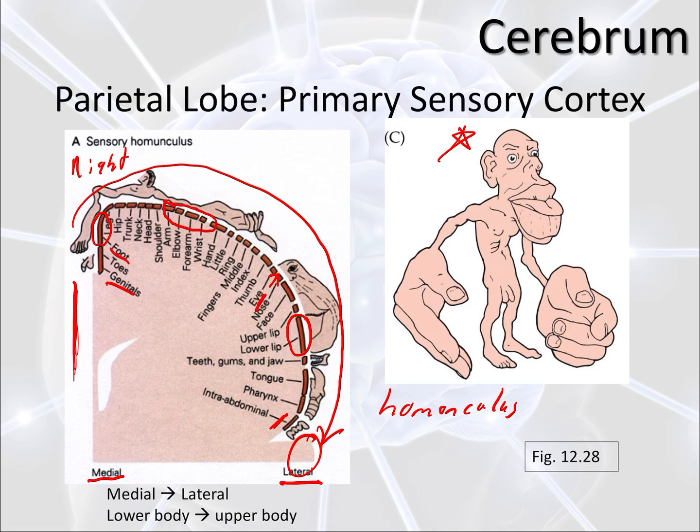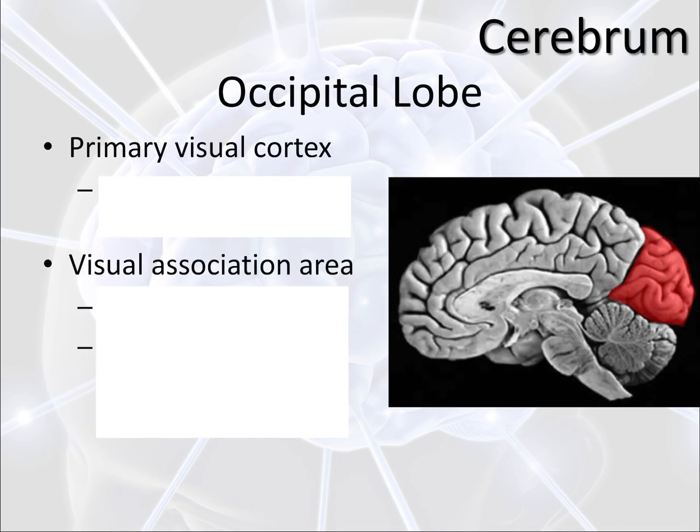So that means the lips are much more sensitive than the others, and that's how this homunculus converts into a person, right? They make this little person. The larger the regions are, the more sensory information, the more sensitive to touch, right? So the fingertips are very sensitive to touch, and then the lips are very sensitive to touch, right? Then other regions like your forearm is not very sensitive at all, okay? So that's just the way to look at that.